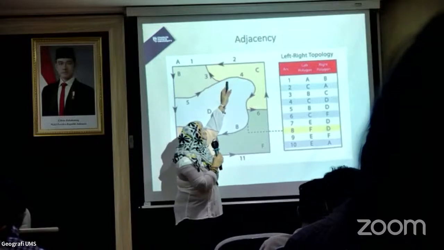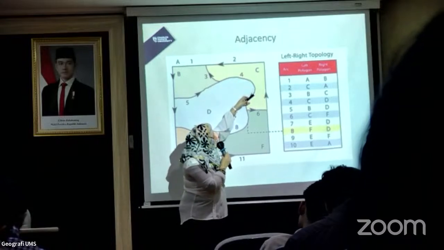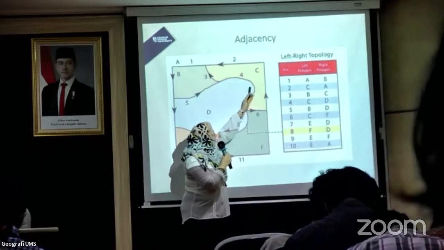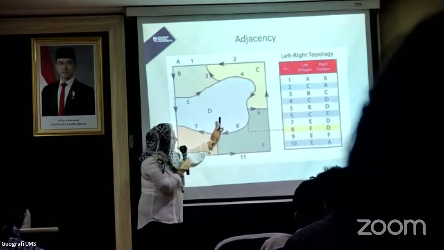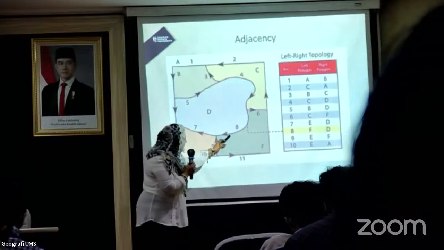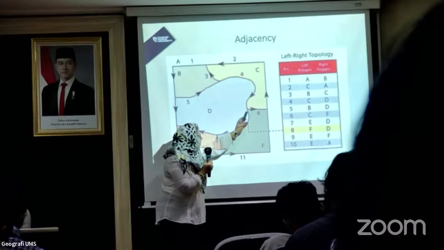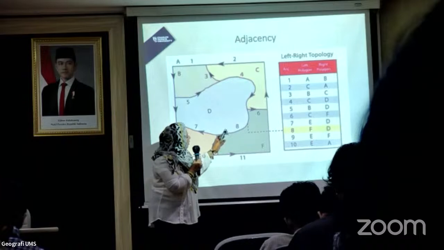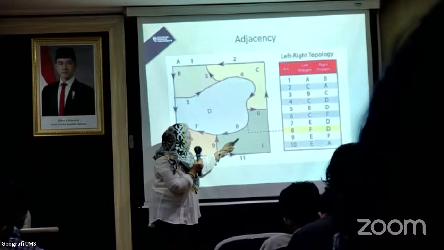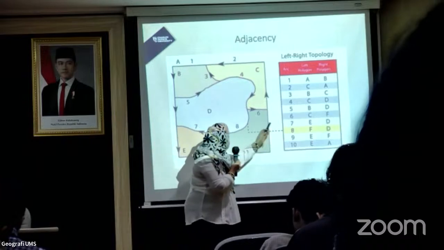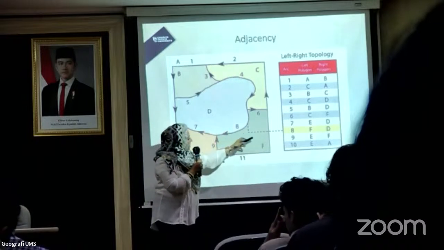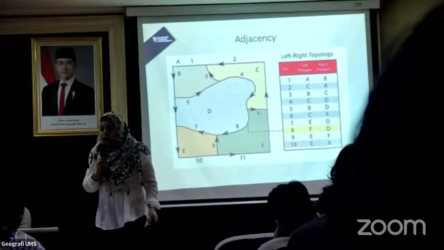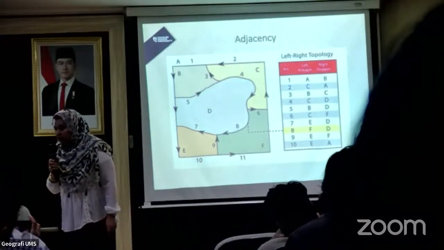So arc 4, its left polygon is C and its right polygon is D. Same thing is with arc 8. So arc 8 is starting from here. So its left polygon is polygon F and its right polygon is B, and that has been stored in this table. So this is how you store topological information.